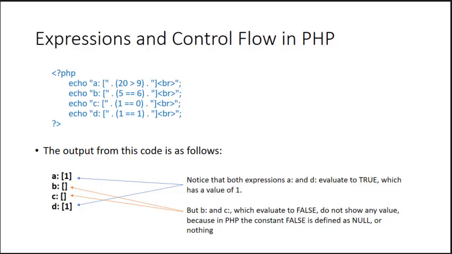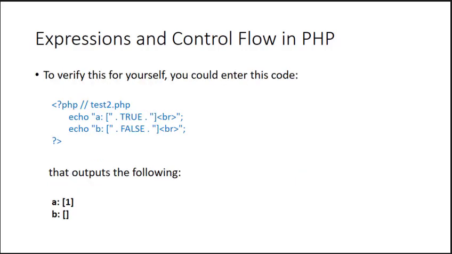There is another way to test it more easily actually. You could have used the constants true and false and see how they are translated. They should be 1 and null anyway. They are the same, okay?